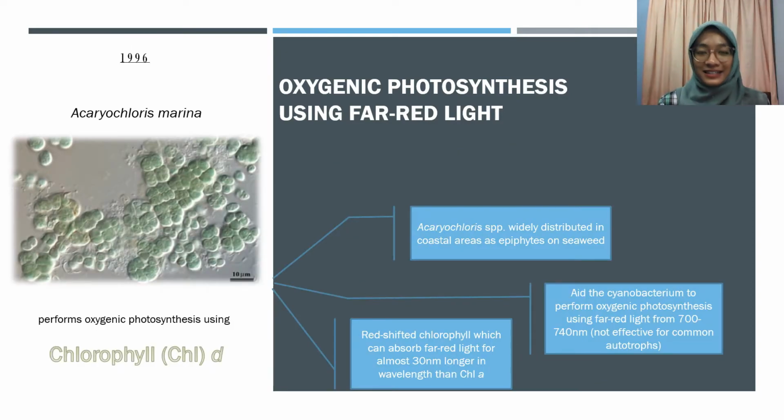In 1996, it was reported that a cyanobacterium named Acaryochloris marina performs oxygenic photosynthesis using chlorophyll D. This chlorophyll D is actually a redshifted chlorophyll, which can absorb infrared light almost 30 nanometers longer in wavelength than chlorophyll A. It aids the cyanobacterium to perform oxygenic photosynthesis using infrared light from 700 to 740 nanometers, which is not effective for common autotrophs, which means that chlorophyll D can absorb near-infrared light which has a longer wavelength.